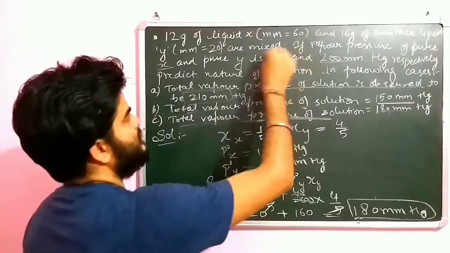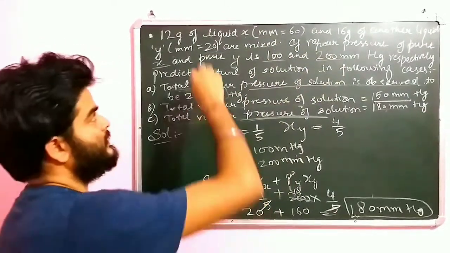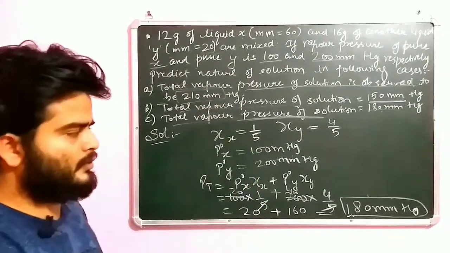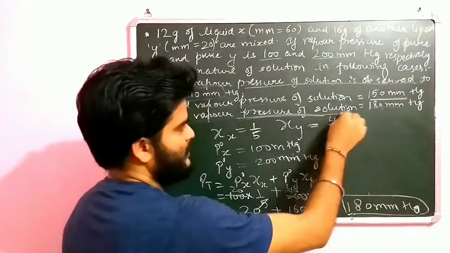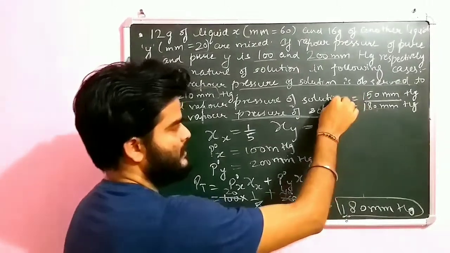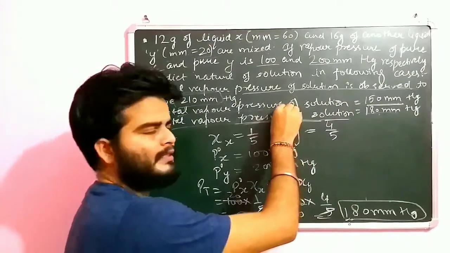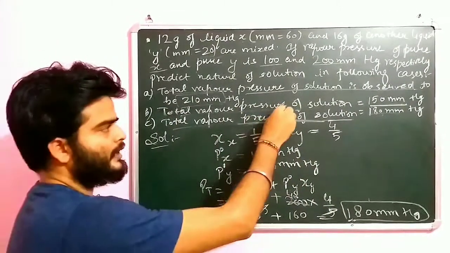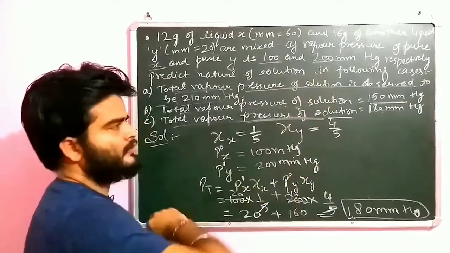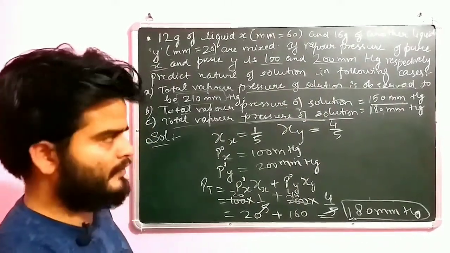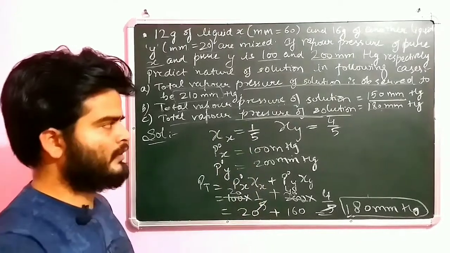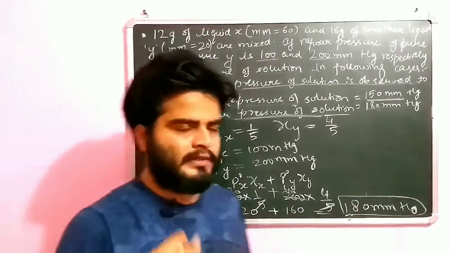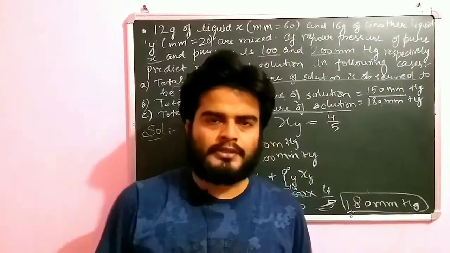Because these are mixed ideally, they are forming an ideal solution. I am again saying, this is showing negative deviation, and this is non-ideal solution showing positive deviation. You have to write this down.